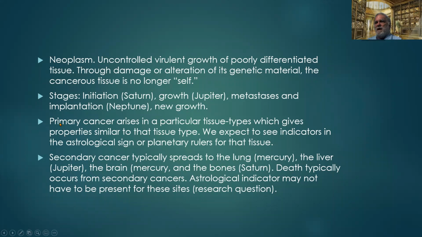Here I have some questions about cancer. Primary cancer, that's the tissue that it arises in, okay? People talk about cancer like it's one disease. No, cancer might be 200 different diseases, right? You can have a lung cancer from one kind of lung cell that becomes one kind of cancer, or a lung cancer from a different kind of lung cell that is a different cancer with a different progression, a different prognosis, and so on.